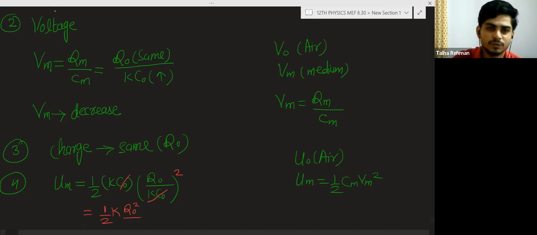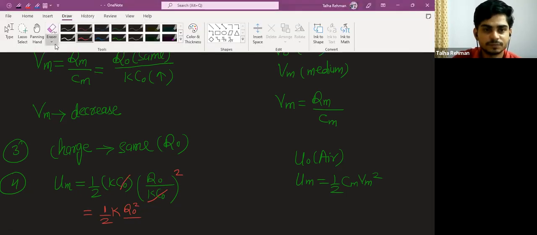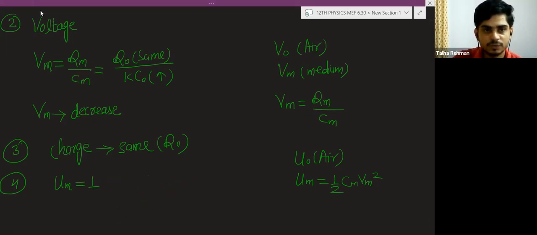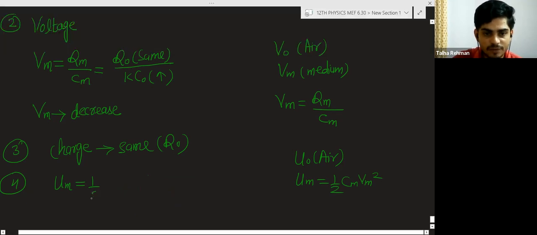Okay, do this again. Half Cm, K times C naught, Vm square means Q naught by K C naught, whole square.